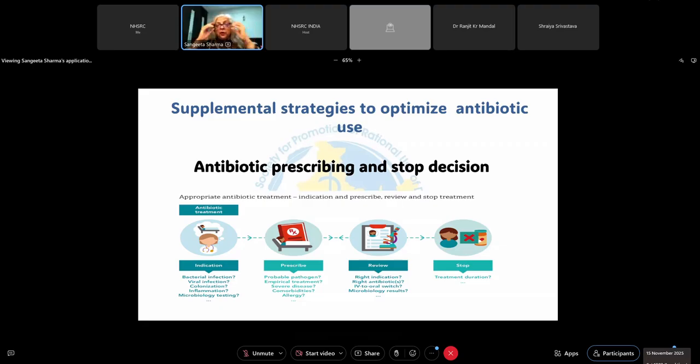So stop. When you write a prescription for an antimicrobial, one action plan should be there: we plan to give this antibiotic for 5 days, 7 days, 3 days, whatever is the condition, and in between, after 48 hours, you will review.